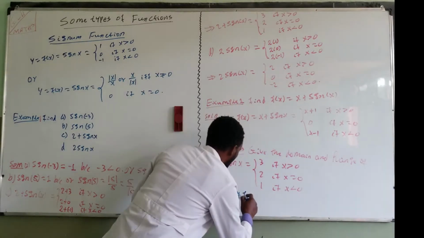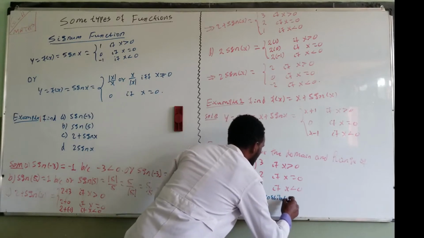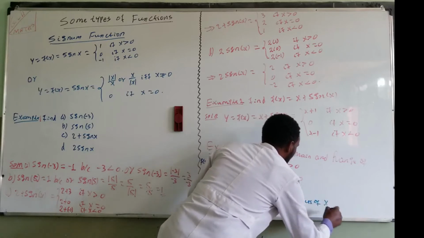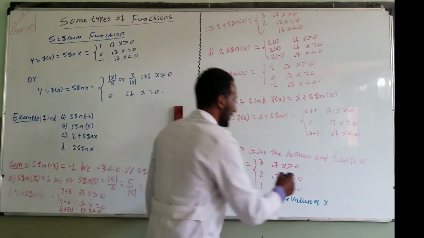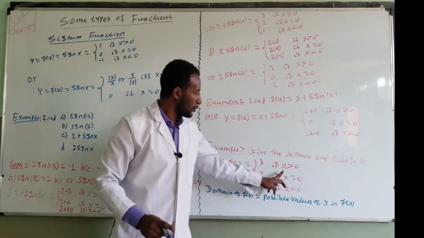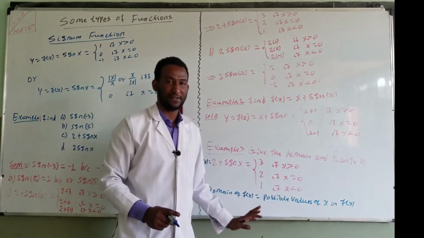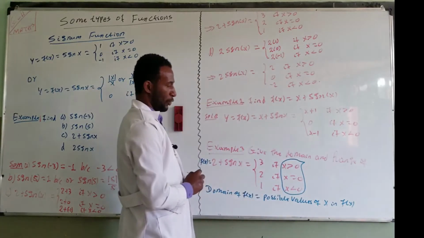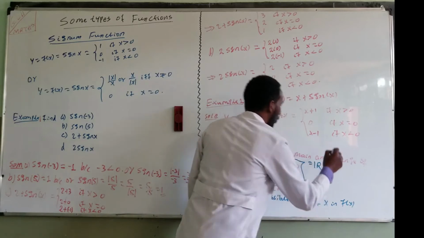Domain of f of x means possible values of x in f of x. Possible value of x is x greater than 0, x is equal to 0, x less than 0. These are the possible values of x. This means the domain is all real numbers.